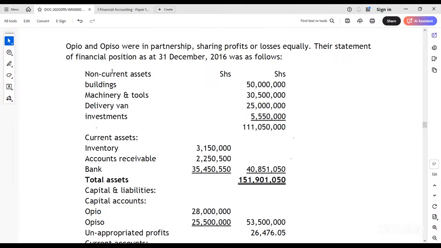So that is the statement of financial position for the two partners. They have non-current assets: the building, the machinery, the delivery vans, investments. So these are their non-current assets, as you can see, as well as the current assets.